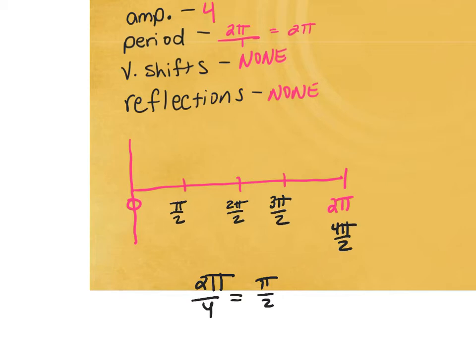Now go through and can you simplify this? Can I simplify pi over 2? No. Can I simplify 2 pi over 2? Yes. What does that become? Just pi, right? Can I simplify 3 pi over 2?